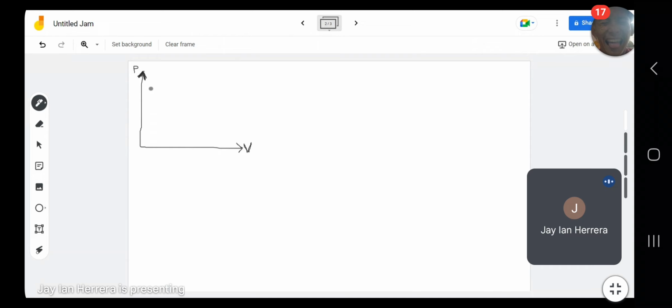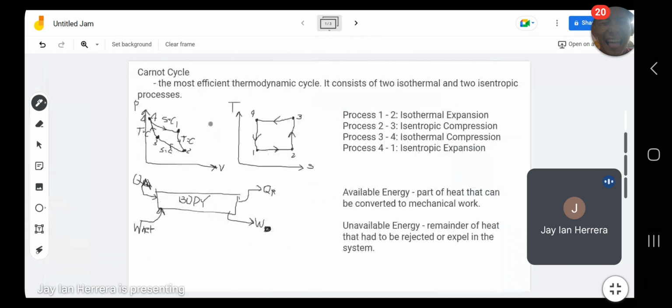Okay, so let's say we have here point 1. Then we have here piston cylinder assembly. Point 1 natin is yung end ng piston. Meron tayong rod dito. So let's start here sa point 1.